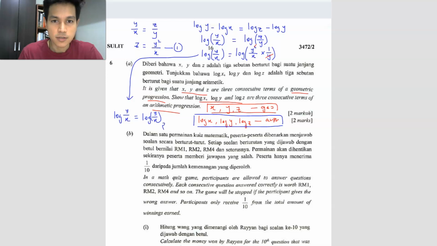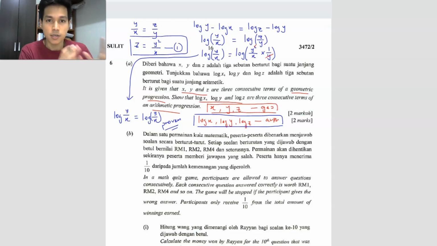So proven, they are the same. By using the first equation, the geometric equation, and substituting into the arithmetic, you can prove that left and right are the same. So that's the first question, question A.